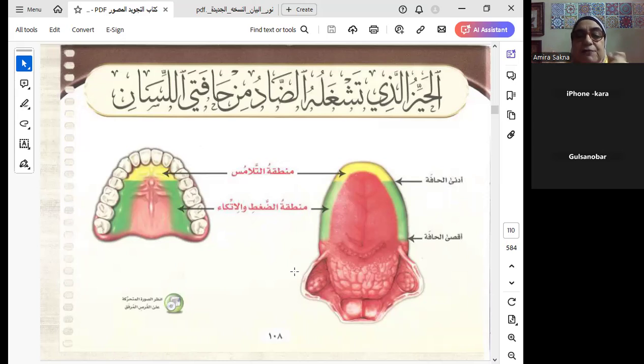Then the area from the nearest edge of the tongue to the head or the tip of the edge of the tongue is where the tongue will be sliding until it reaches the area in between the alveolar ridge and the upper front teeth.